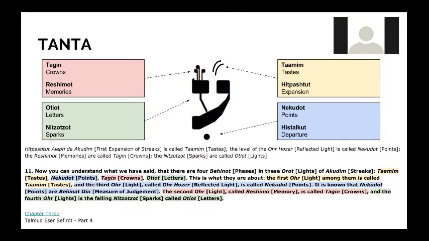So I can relate to Tamim being the expansion of the light in the vessel, and the Nikudot, the sensation of the light going out. And during this sensation, the memories of those sensations are being created and are still in the vessel.